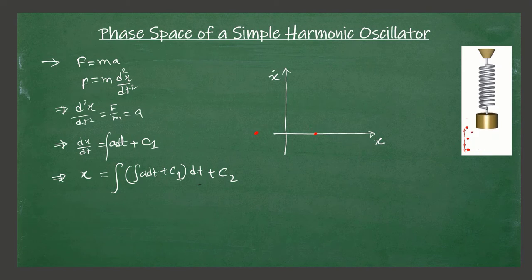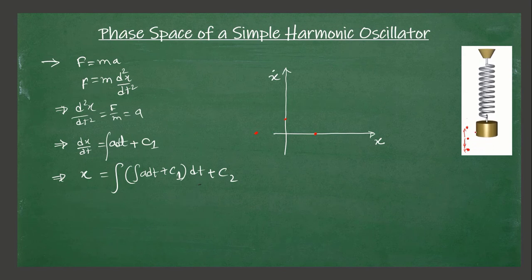Okay, alright, and now at the equilibrium position, where the position we consider to be 0, you can see that the velocity is maximum here, because for simple harmonic motion at the equilibrium position, the velocity is maximum, you know that, right? So at the equilibrium position, x equals 0, the velocity is maximum. Maybe this is the maximum velocity. And as you can see, it can be positive too, and it can be negative too, right?